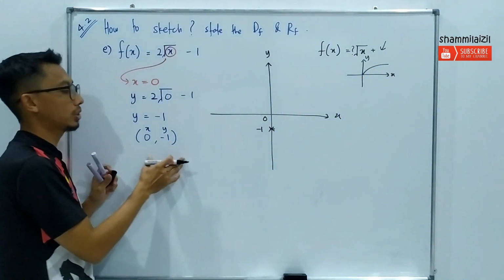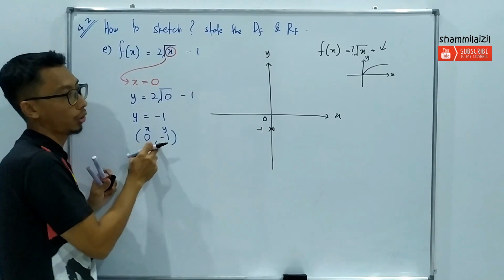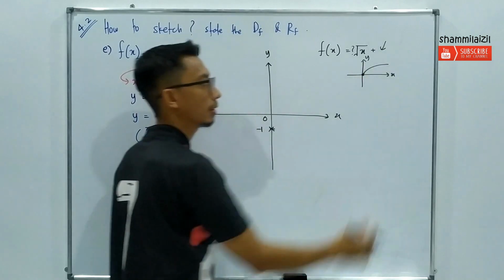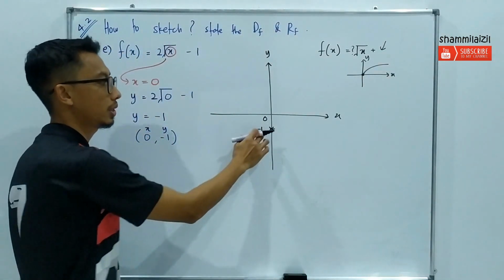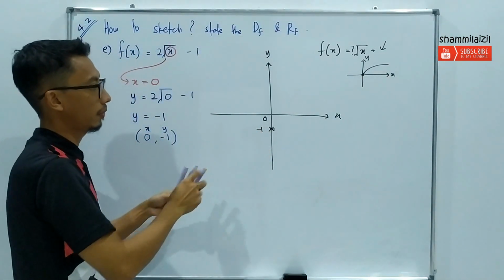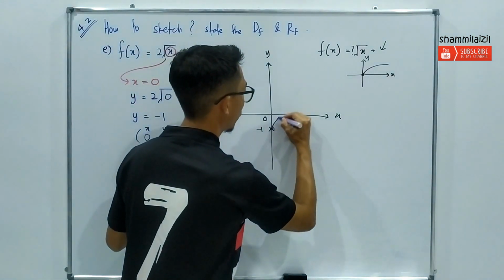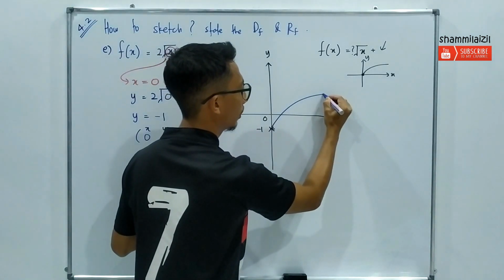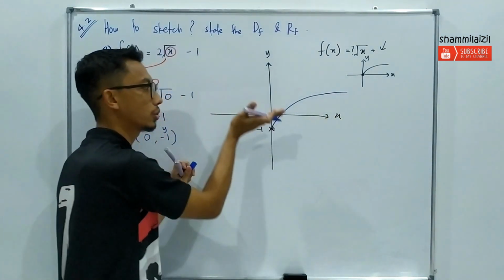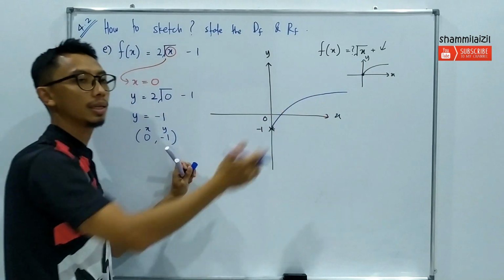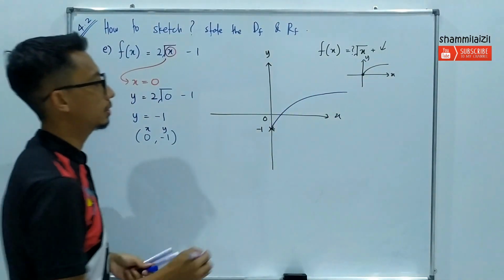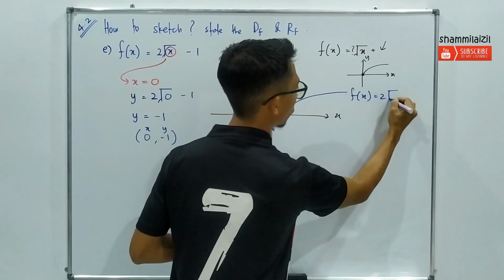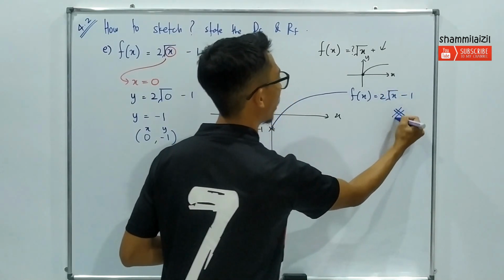But the trick I taught you just now gives this point, which always represents the starting point of your cube root graph. So since this is the point, the graph is going to be like this. It will not go down, it will go straight horizontally, infinitely. So this is the graph of f(x) = cube root of x minus 1.